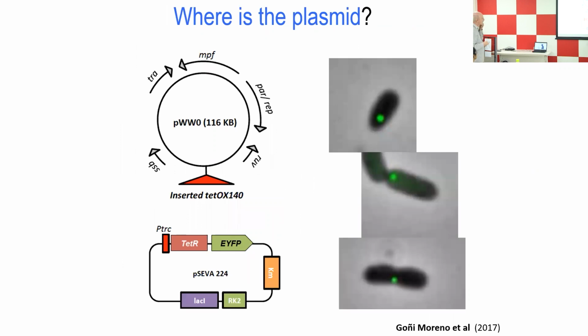Okay, so in the last few years, there has been a tremendous advance in methods for visualization of where things are inside a cell. As an example, we have been working for a long time with a plasmid called pWW0. The role of it I will not discuss. But one of the ways of visualizing where the plasmid is, and as you can see, the plasmid is not all over the place, it's just in a specific spot of the cell, is by entering into the structure of the plasmid an operator sequence that can be bound by a repressor that is itself joined to a fluorescent protein.